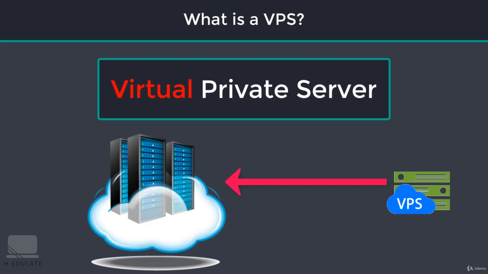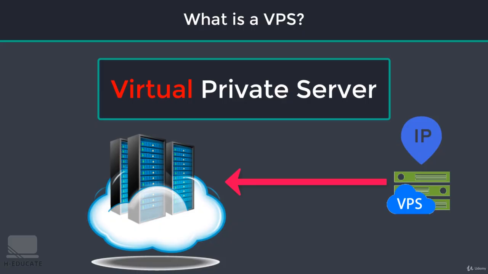Now, when we get a VPS, what we will get simply is an operating system like Ubuntu, like Windows, like CentOS, whatever OS you can get, and the hosting company will give you a public IP for that machine. So what you will have is a server bound to an IP address.